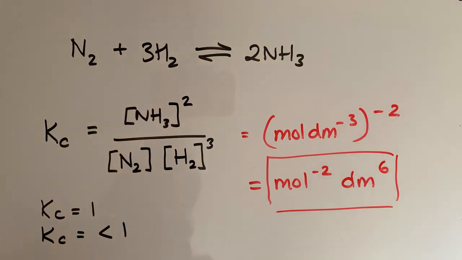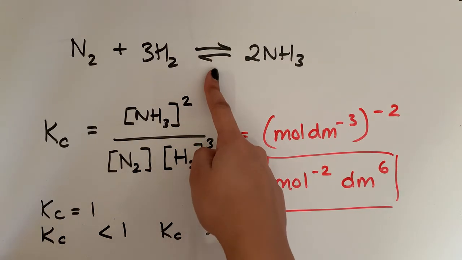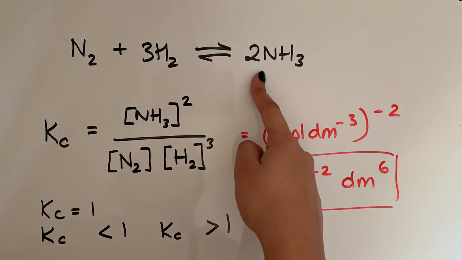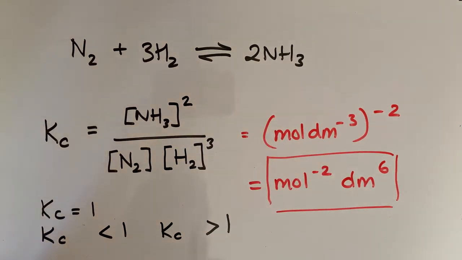And if we have a Kc value that is bigger than 1, that tells us that the position of equilibrium lies towards the products. So the significance of Kc is quite important because it tells us where the position of equilibrium lies.